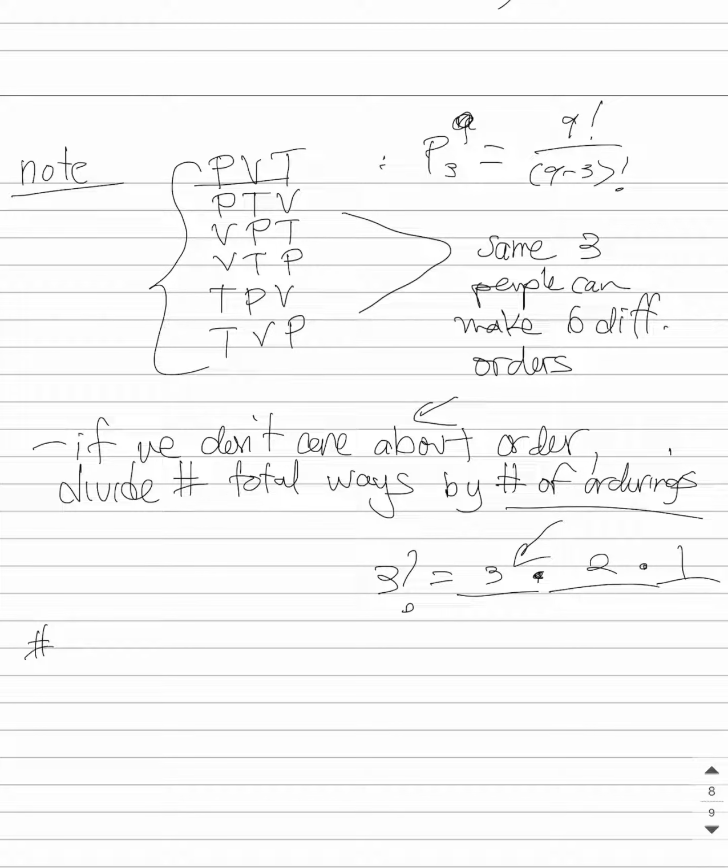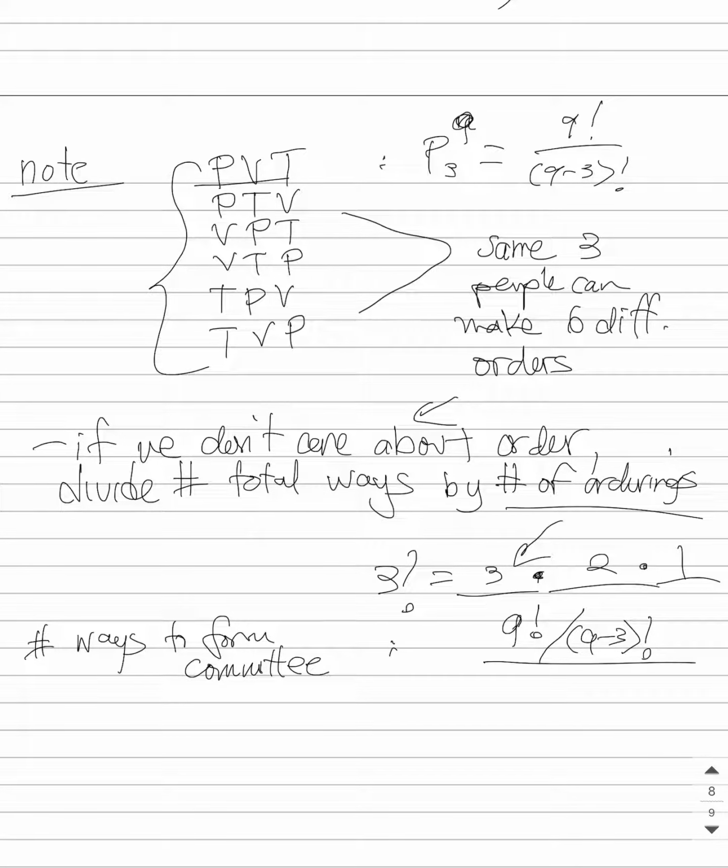So the number of ways to form a committee in this particular example is going to be that 9 factorial over 9 minus 3 factorial. That's what we had from before where the order mattered. Then we would divide by 3 factorial here to get rid of all of those extra possibilities.